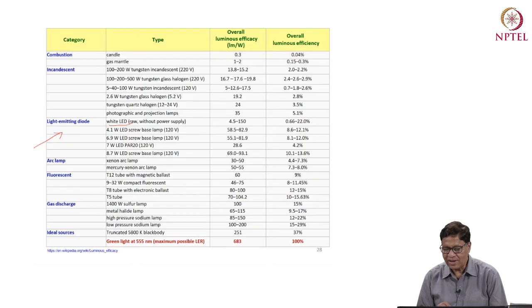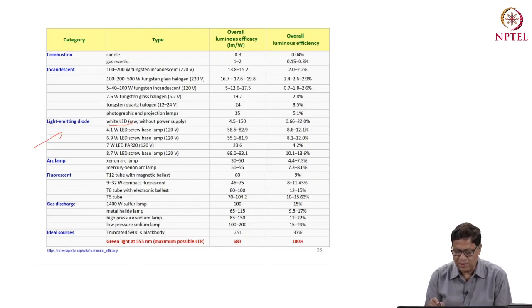Then the luminous efficacy, which is lumens per watt. That means if I have 100 watt of source, it will give you, say for example, 1000 lumens. Then the luminous efficacy is 1000 by 100, which is 10 lumens per watt.